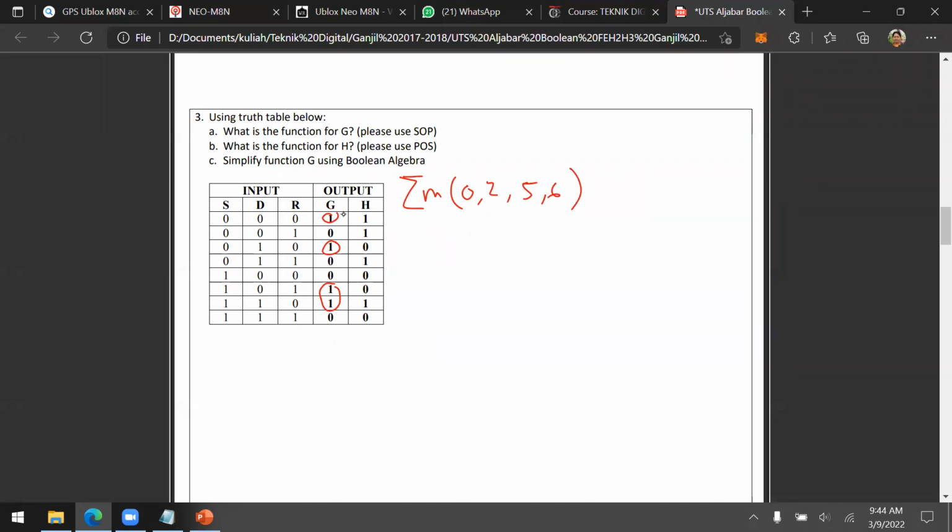Okay. And then this is for A, and this is for B. Or you can just use S naught, D naught, R naught plus S naught, D, R naught plus S, D naught, R plus S, D, R naught. Or we can just simplify by using this, it's the same.